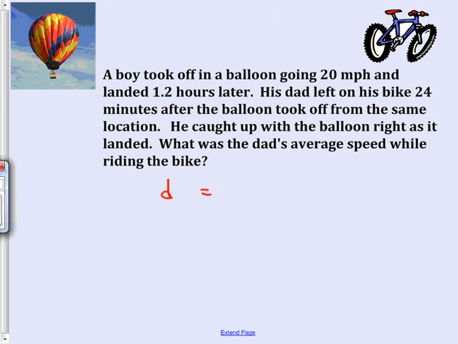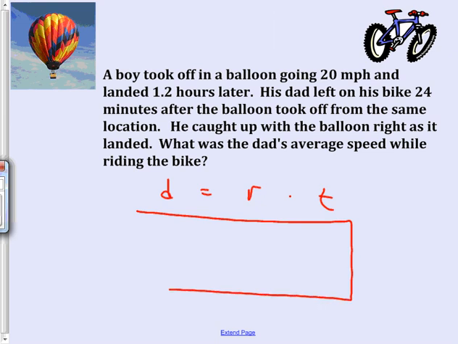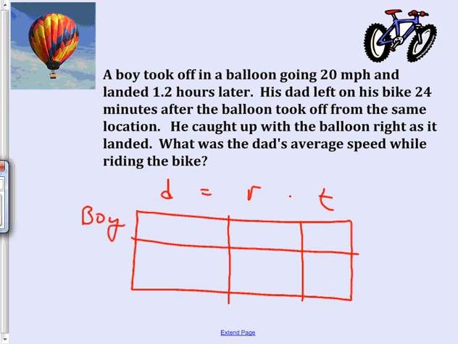D equals R times T. And you want to spread it out a little bit because you're going to have to fill in for each person what was their distance, what was their rate, and what was their time. Now we have the boy and we have his dad. So we write boy and we have dad.